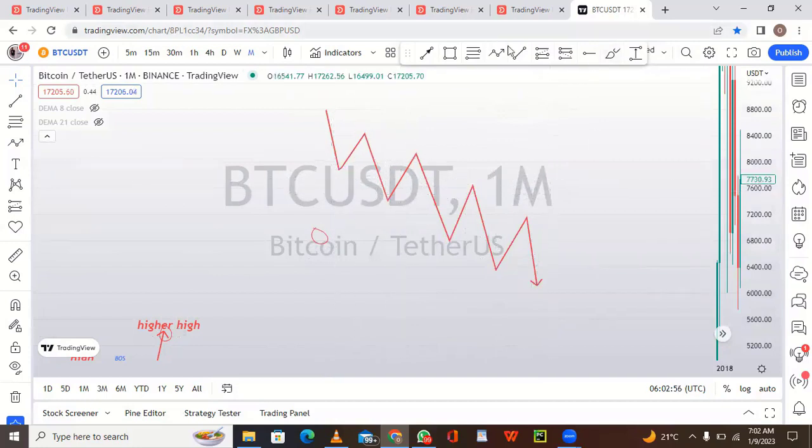So for a market to remain bearish, there must be a continuous break of structure to the downside.